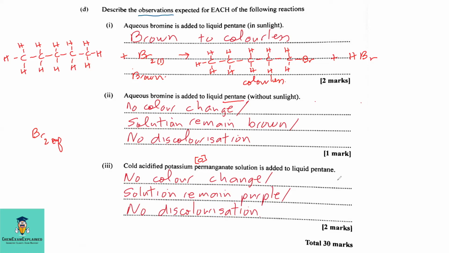However, if it was an alkene, it would act as a reducing agent, reducing the potassium permanganate from purple to colorless. But because our pentane is an alkane, we would have no color change with the potassium permanganate solution. Or you could say the solution remained purple, or no discolorization.